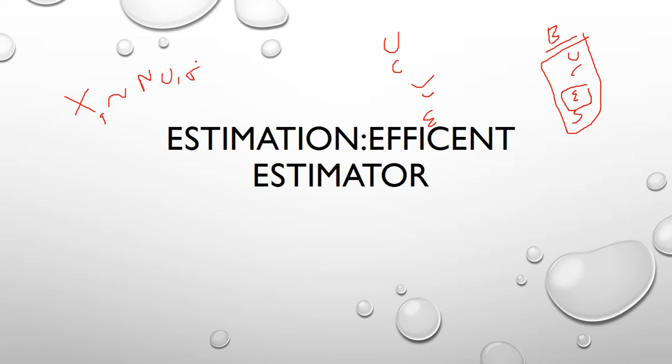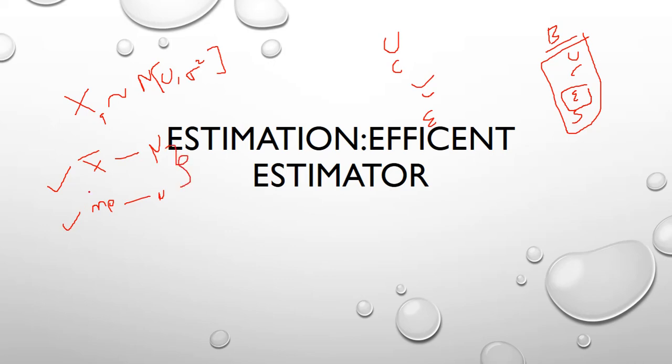We all know that here x bar is an unbiased estimate for mu, and the median is also unbiased for mu. Then we test consistency also. Here x bar is a consistent estimator, and the median is also a consistent estimator. Now which statistic can I select? That time we can apply efficiency.